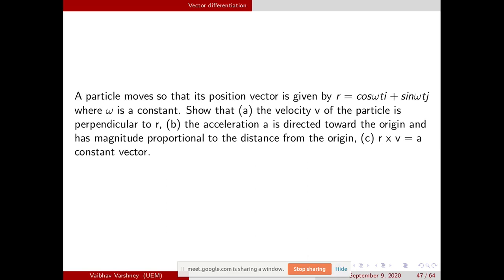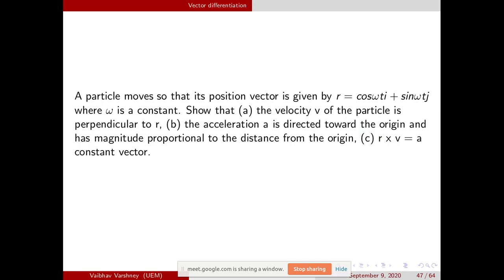So now what we are getting is A equals minus omega square r. What we have to show is that the acceleration A is directed towards the origin and has magnitude proportional to the distance from the origin. R is the distance from the origin. It is minus omega square r, and omega is constant.